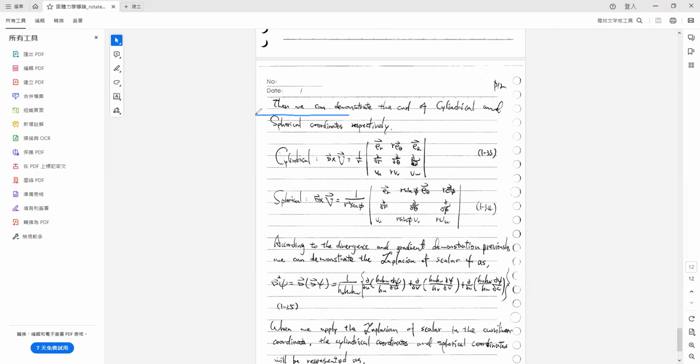Then we can demonstrate the curl in cylindrical and spherical coordinates respectively. We use the HU, HV, HW applied to the cylindrical coordinate and the spherical coordinate. It's just like that.